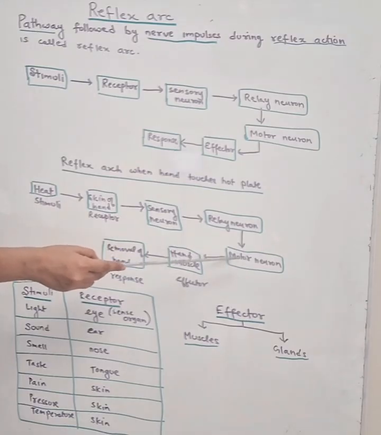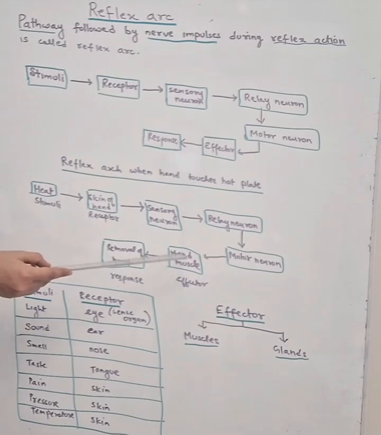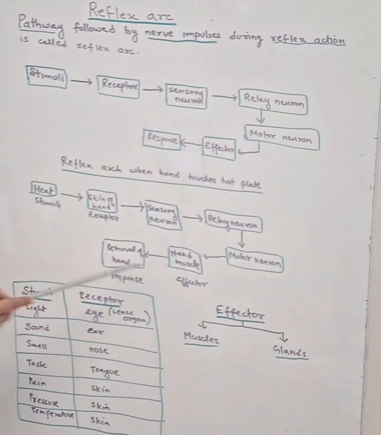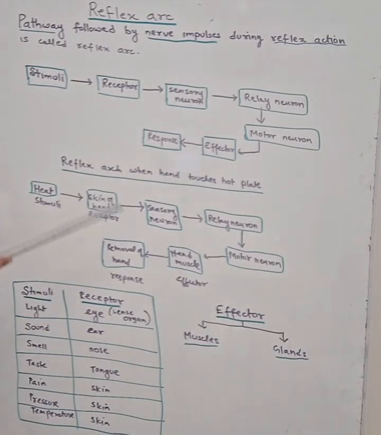Now the motor neuron carries the impulse to the effector. Here the effector is the hand muscle, because we are removing our hand, and the response is the removal of the hand. So this is the pathway which our neurons follow in order for the response to take place.